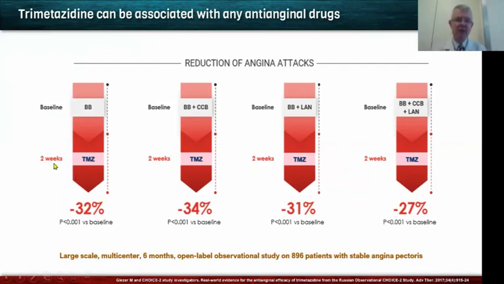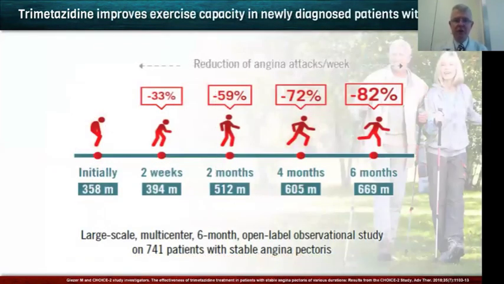and fast. See that in 2 weeks' time, in 2 weeks after you add trimetazidine, even if those patients are only obese, you'll get a significant decrease in the number of angina attacks per week. This is what we have to do, a fast and a significant relief of angina.